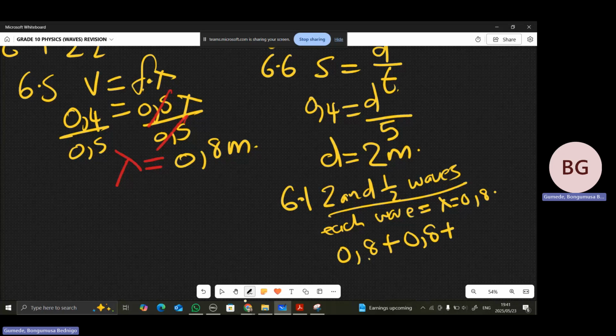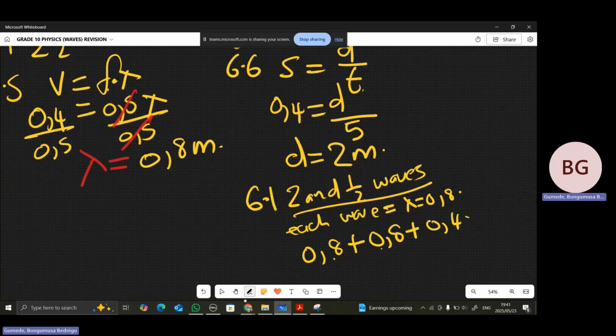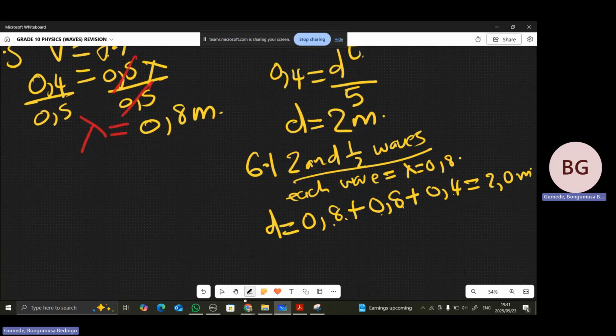This is the first full wave, second full wave. The last one will be 0.4. So what do we have? We have 8 plus 8, 16, and then plus 4, 20, giving us 2.0 meters. So this is the distance. You can do it in that manner.